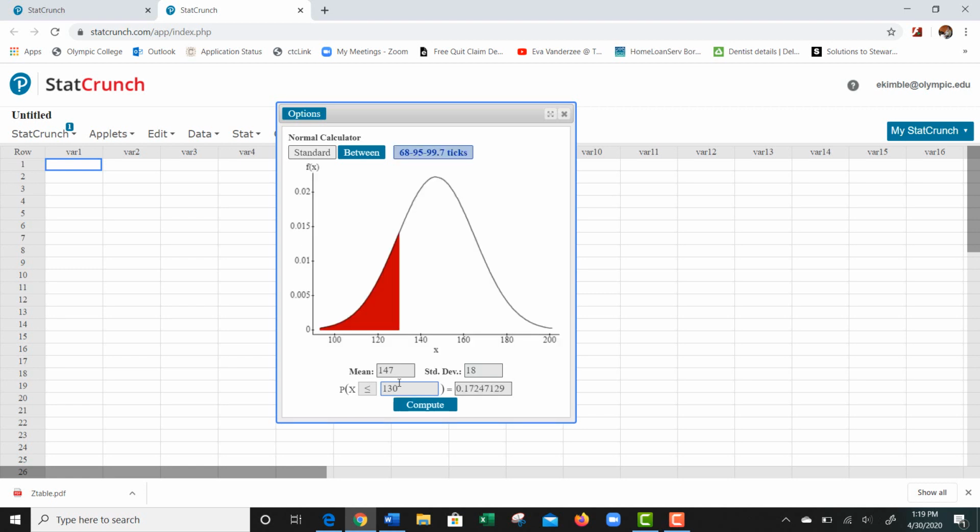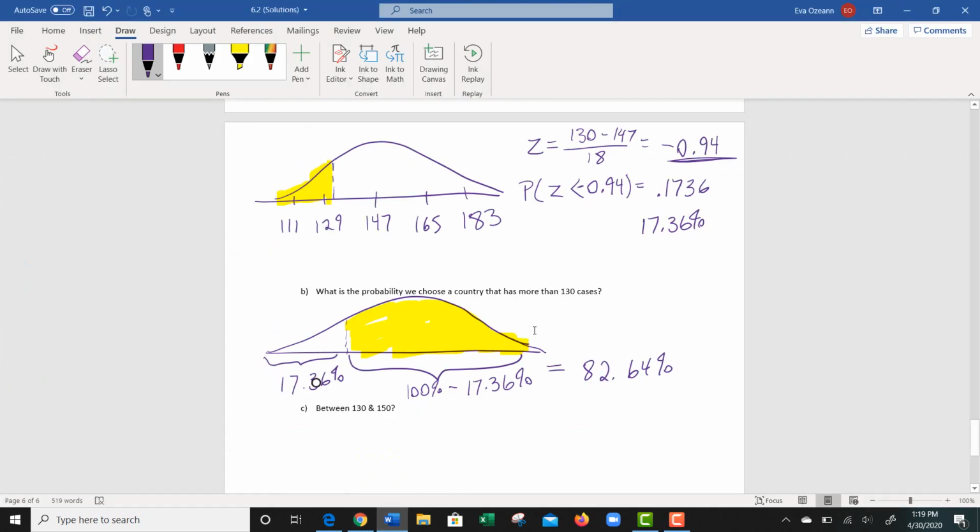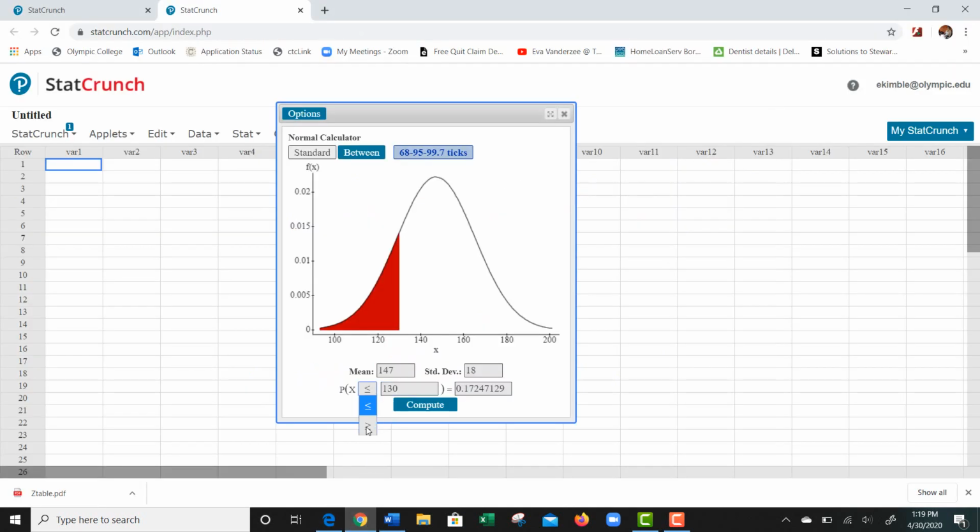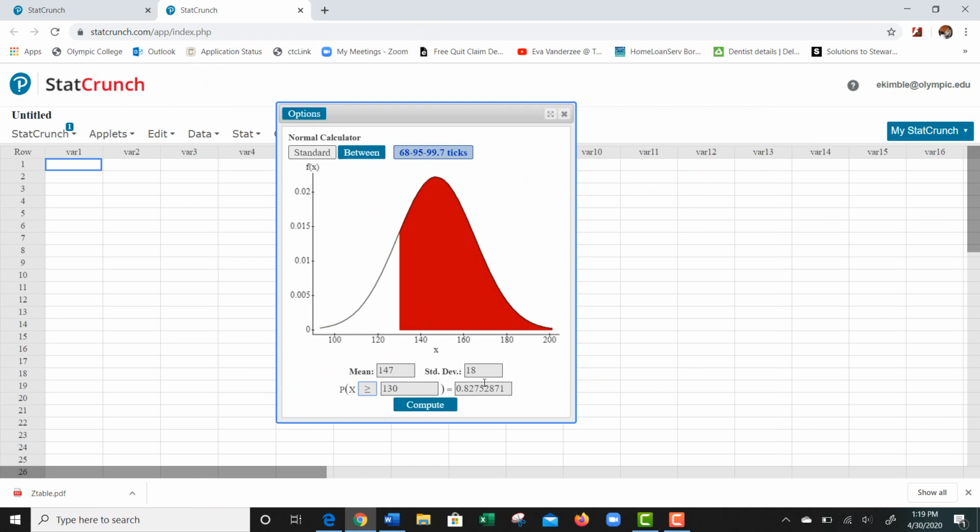So let's see, when we plug that in, we got 17.2-ish on StatCrunch. Hey, that matches up pretty good with what we found by hand. Now, the probability that it sees more than that is going to be 0.827. That also matches pretty good what we found by hand.